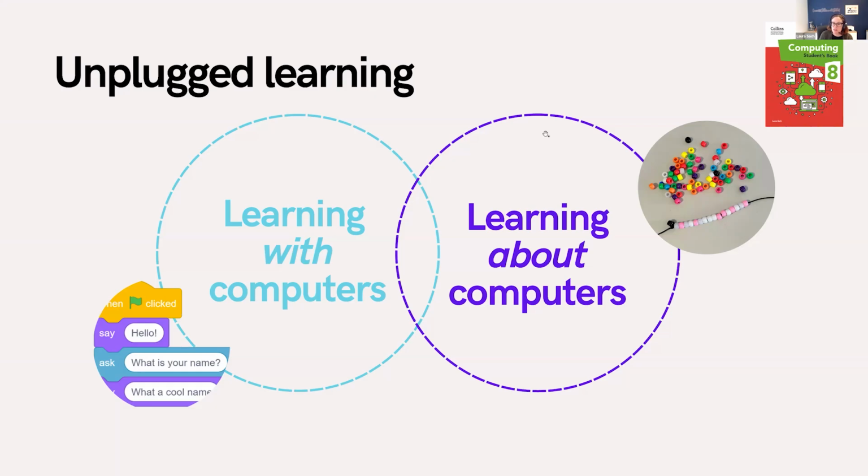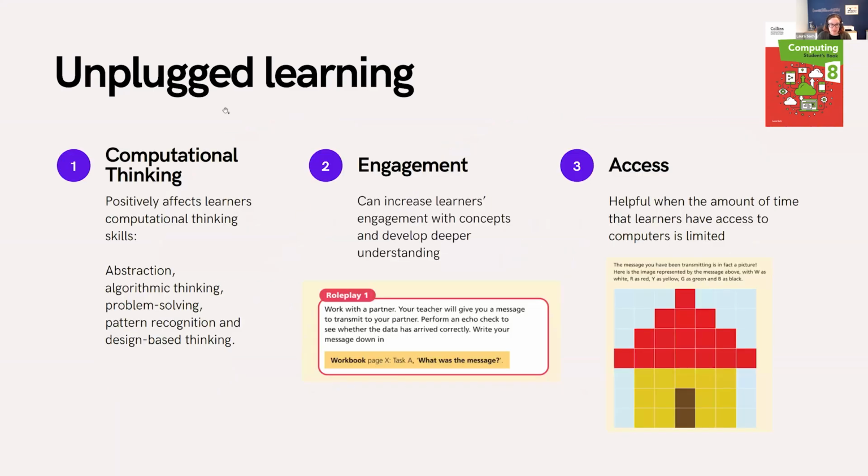It's entirely possible to learn about how computers work, and to gain very valuable skills, without actually having to use a computer. And that's what this section is all about. I've put a little example there with the beads, which I will talk about in just a second. Of course, it is possible to learn about computers with computers, but we're specifically talking here about not using the computer at this point. So why would we do this?